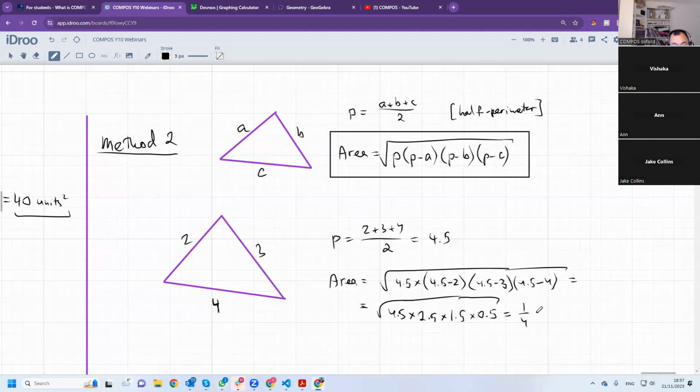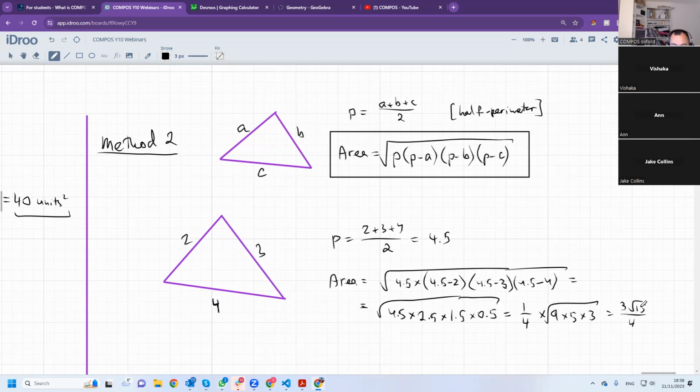A quarter multiplied by 9 times 5 times 3, which is 45, so 3/4... 3 root 15 over 4.